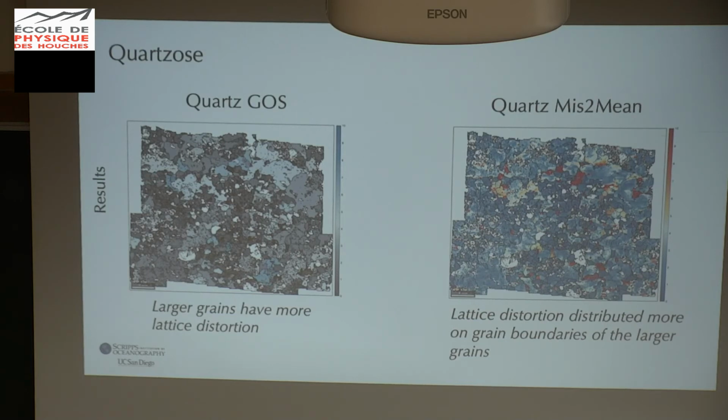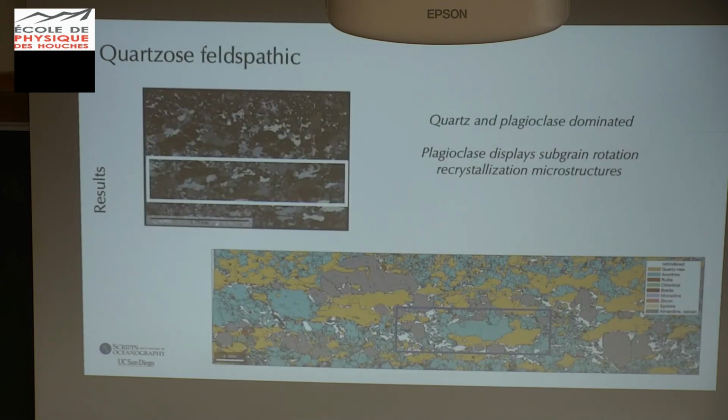When we did that inside the grains using misorientation to mean maps, we see a lot of this misorientation occurring along the boundaries of the grains, around here, where you find these recrystallized low strain grains. And so we were thinking that this looks like subgrain rotation recrystallization in these quartzites.